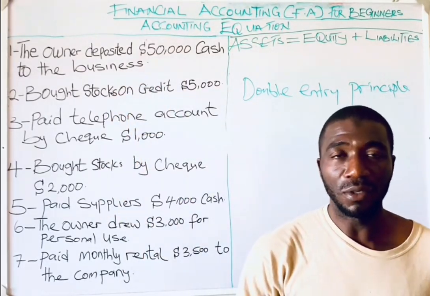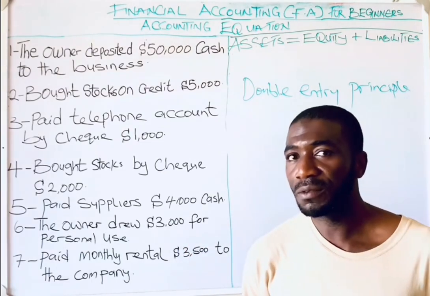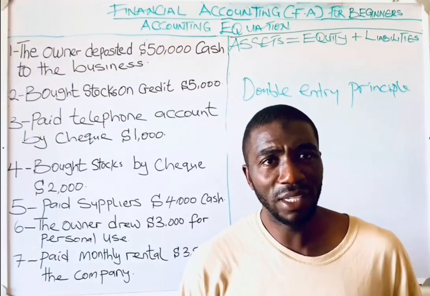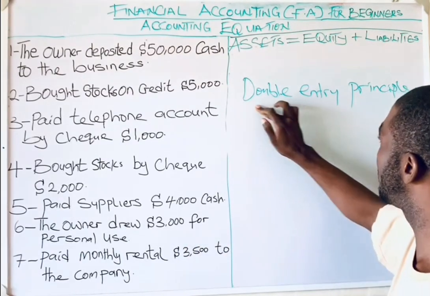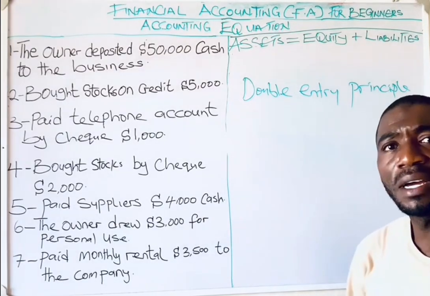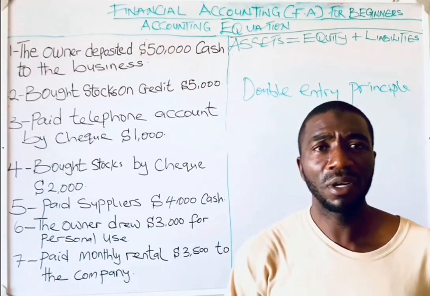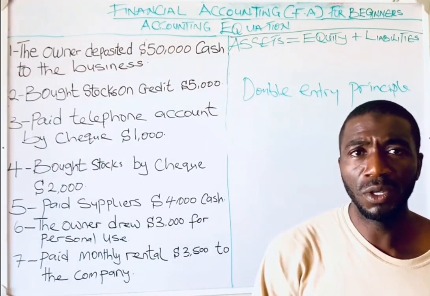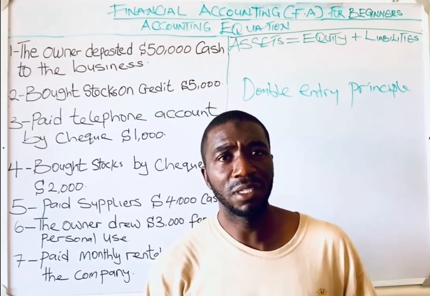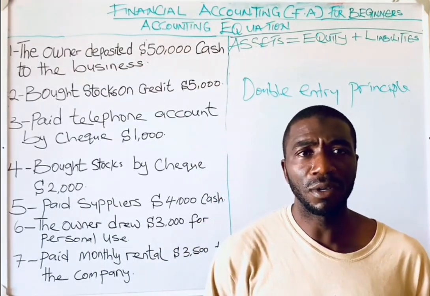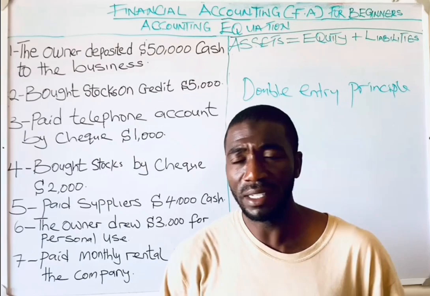One for debit and the other one for credit. Simple as that. That is the meaning of this double entry accounting principle. Whenever you have a transaction, you're going to have two accounts, one for debit and one for credit.